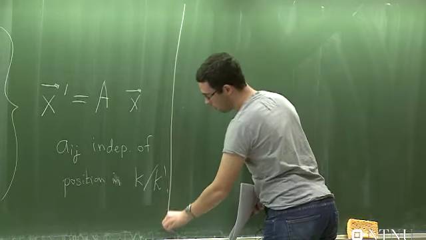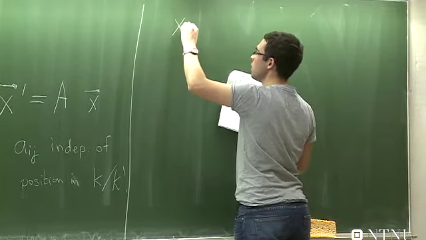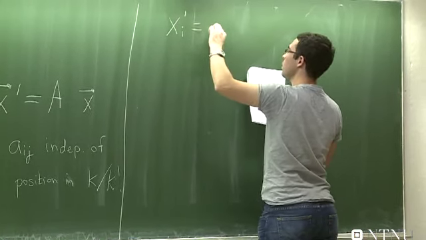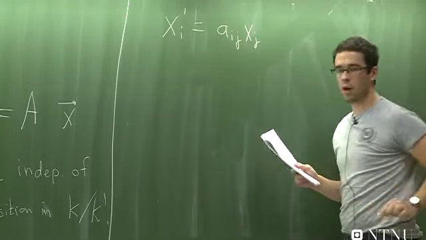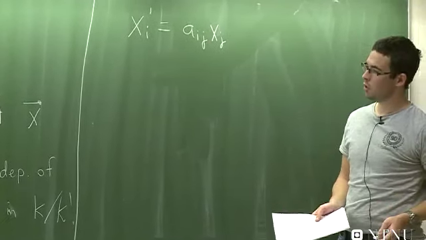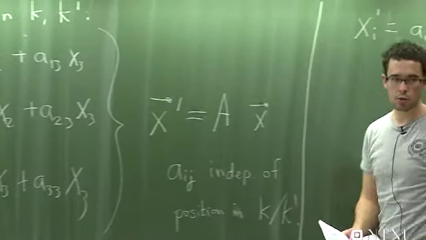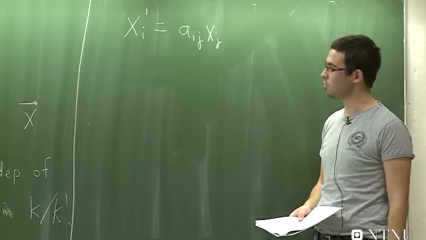Okay. More simply perhaps than a matrix multiplication, I can write this as x_i prime equals a_ij x_j. I wrote now all the information stored here, except I wrote it in a very small and compact fashion.